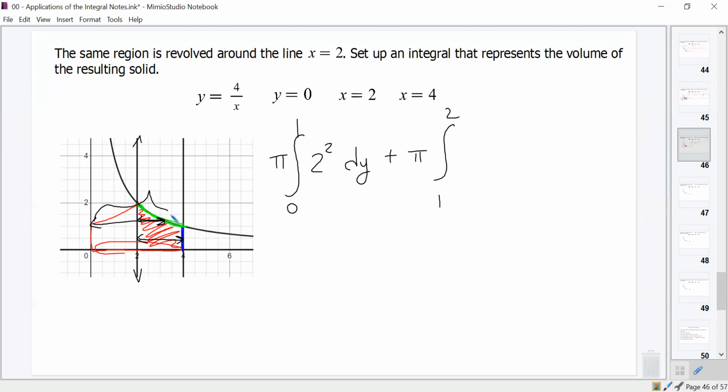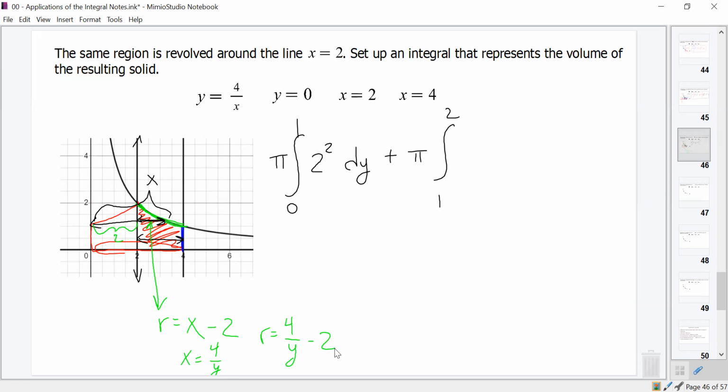So this whole distance here is x, but our radius, this value right here, is actually equal to that full x minus the distance of 2. And we know that the value of x from the previous problem was just 4 over y. So our radius here is going to be 4 over y minus 2.